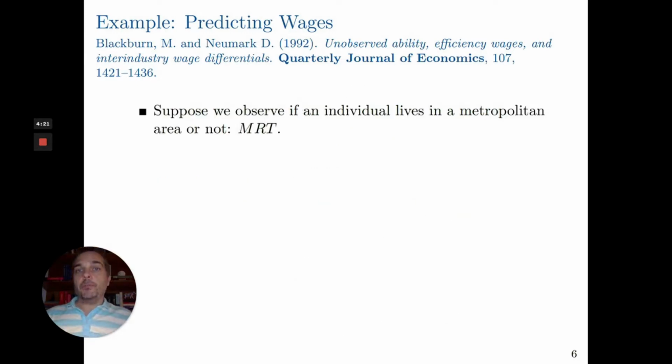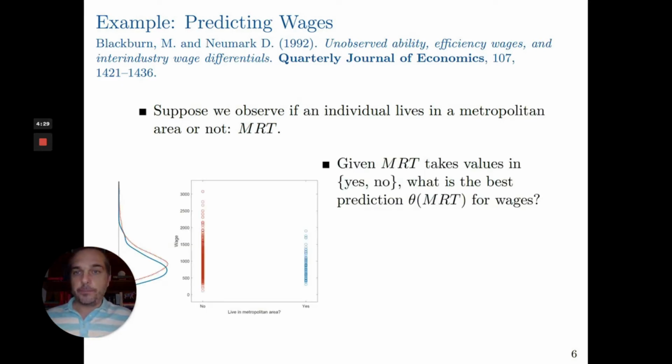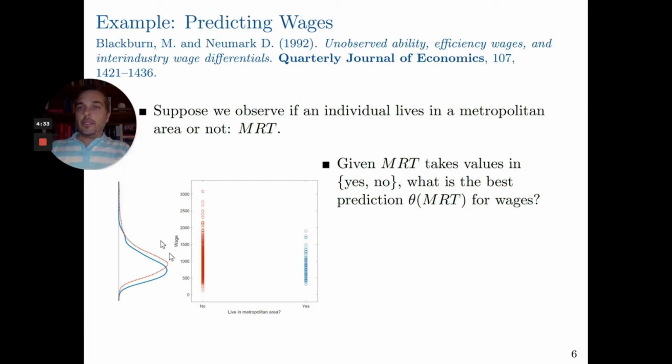Suppose now that we observe if an individual lives in a metropolitan area or not. Call this variable MRT. Okay? So what we can see here is the distribution of individuals that live in a metropolitan area, the blue curve, and individuals that don't live in a metropolitan area, the red curve.